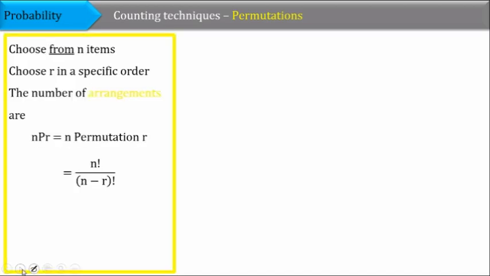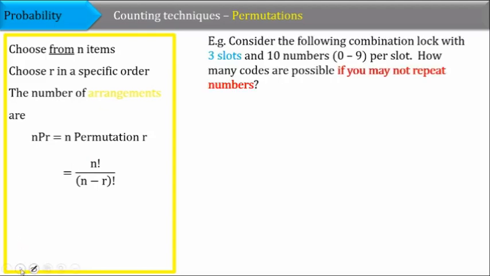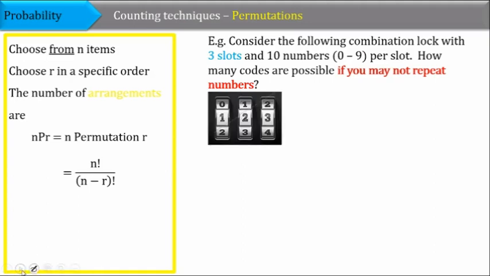Now let's have a look at another example, but this time we will place another restriction on our multiplication rule. Now before we look at the explanation here on the left, let's just look at the example. Again, consider a combination lock with 3 slots and 10 numbers. How many codes are possible if you may not repeat the numbers?